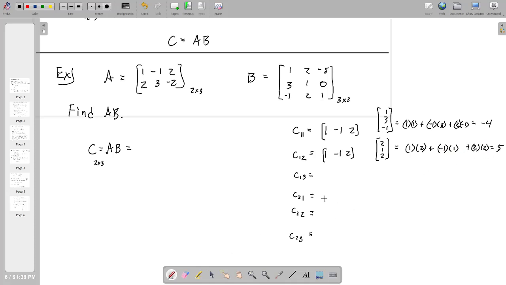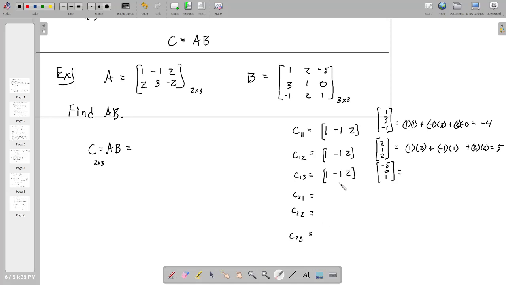We have 5. Now C13 is first row of A, third column of B. 1, negative 1, 2 times negative 5, 0, 1.